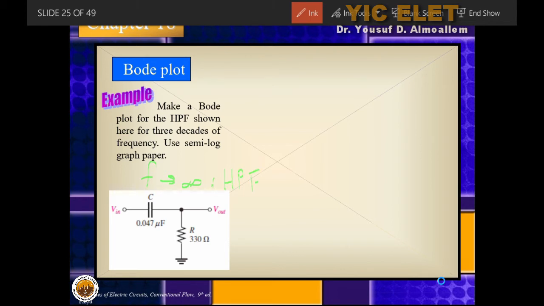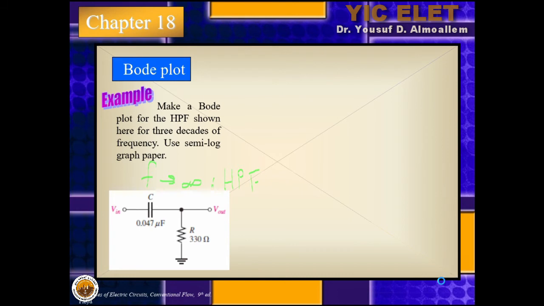Anyway, so let's see what is the question. They want us to plot the Bode plot, and they have defined it as a high pass filter, and we have to calculate first of all the critical frequency. So we know the shape, that it will be decaying at one side, and then it will be equal to 1.